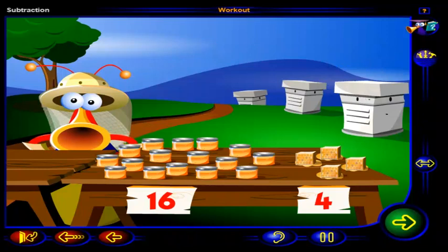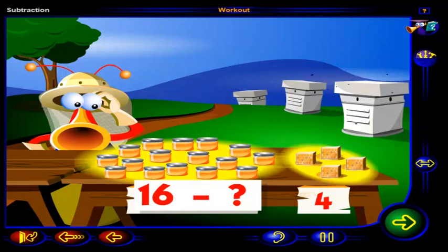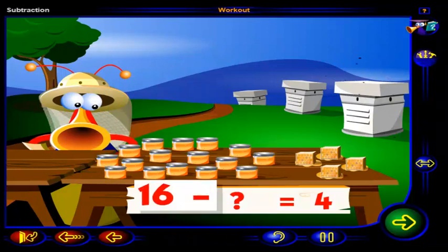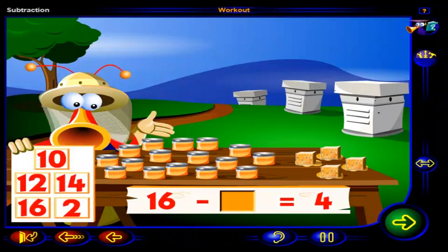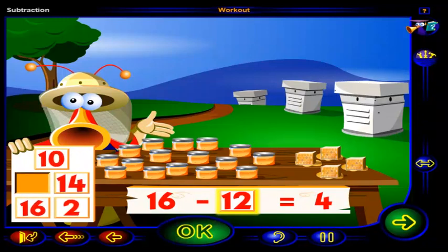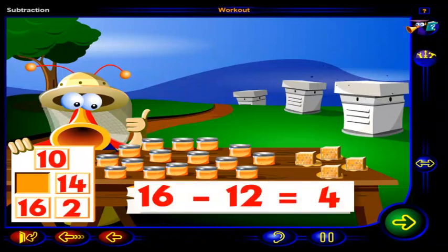In other words, how many jars of honey do we need to take away from these 16 jars so that the number of jars and honeycombs is the same? 4. 16 minus what number is equal to 4? Drag the number here and click OK when you're done. That's it. 16 minus 12 equals 4.